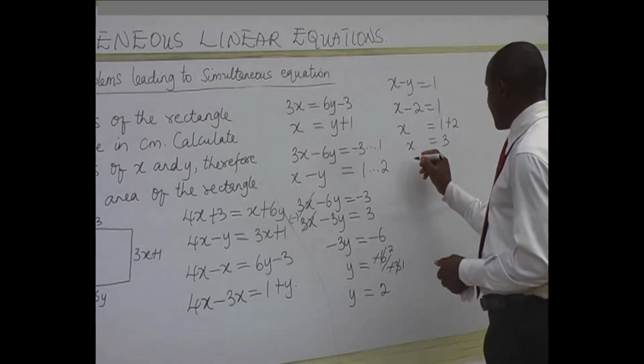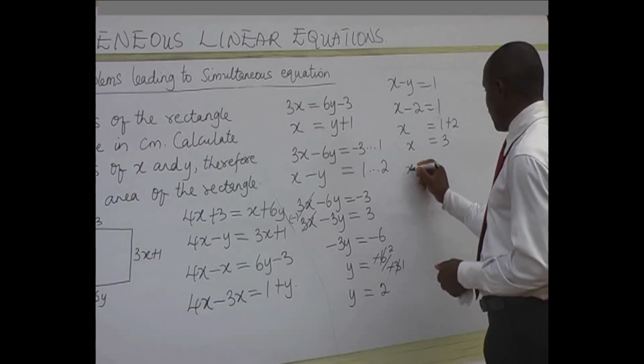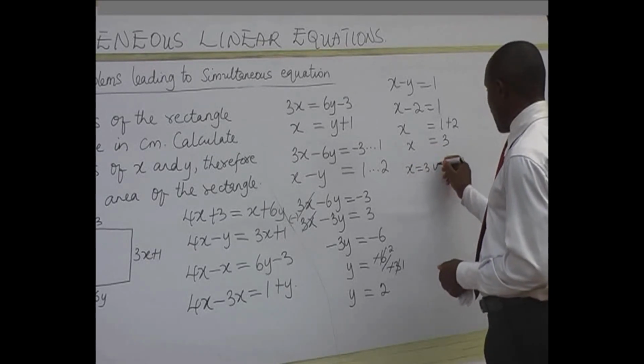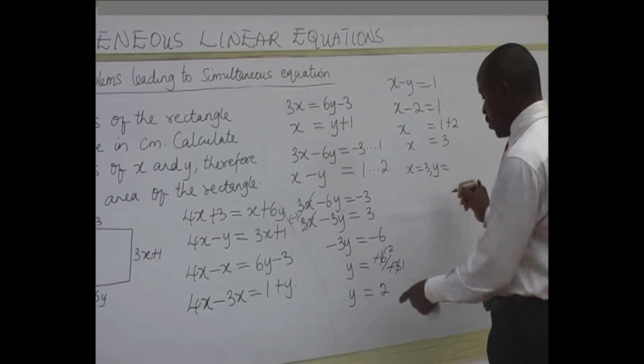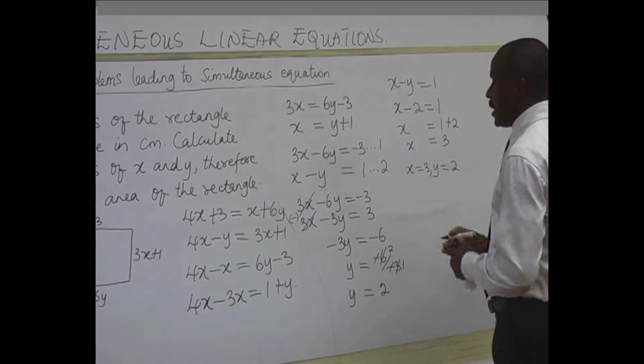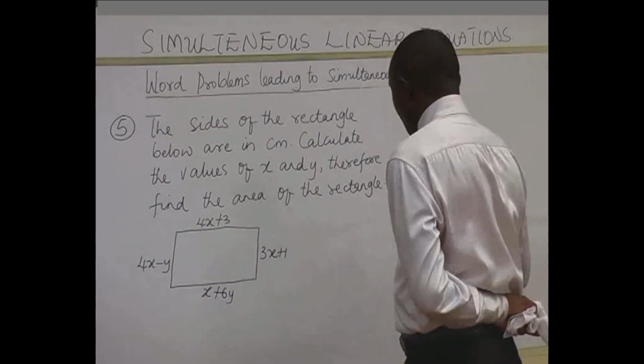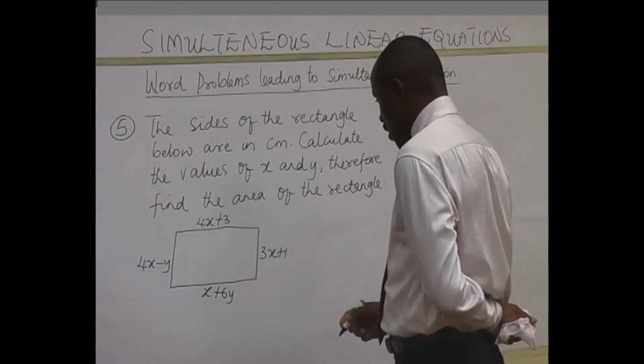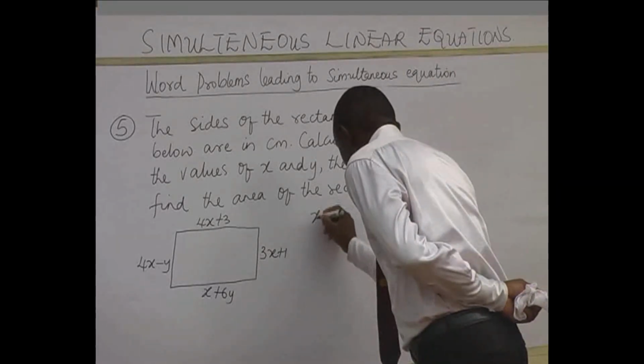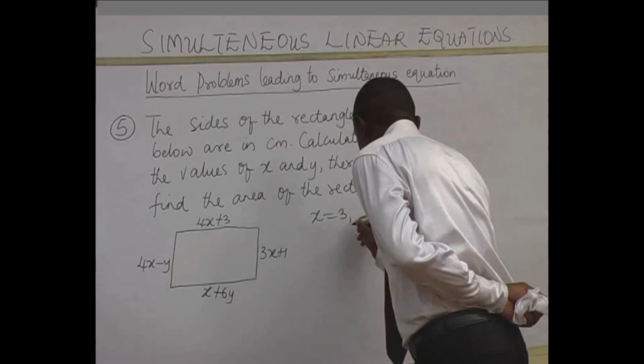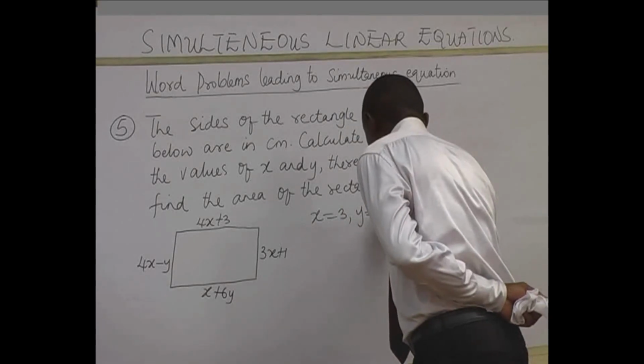We have discovered that x is equal to 3 and y is equal to 2. We have discovered from our solving that x is equal to 3 and y is equal to 2.